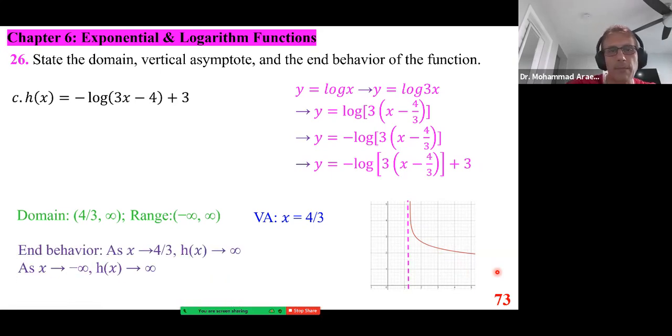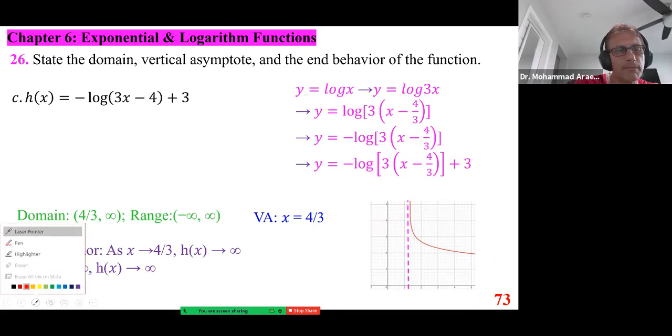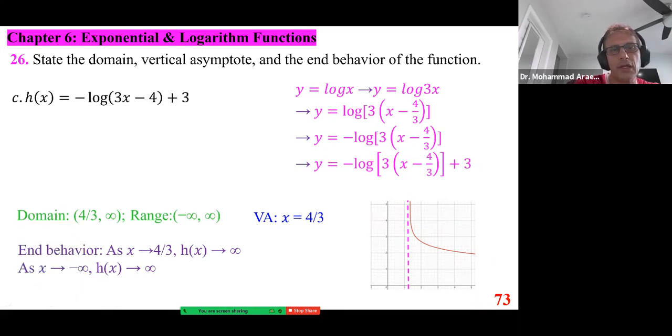So what I want to write down here, this is as x goes to infinity. Let me fix things here. 4/3. First of all, 4/3 really from the right. As x goes to infinity, h of x goes to minus infinity.